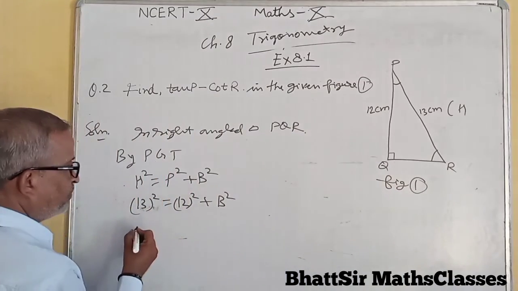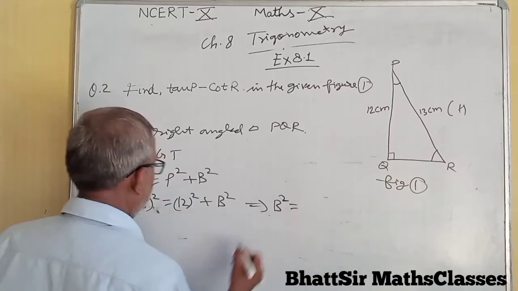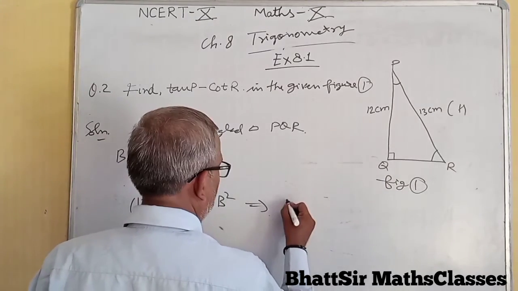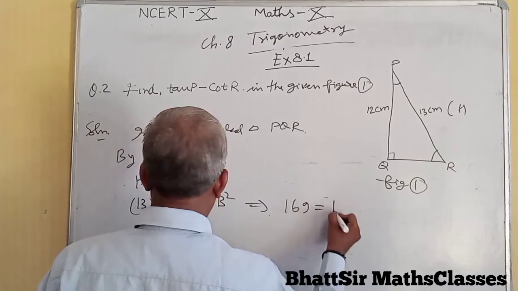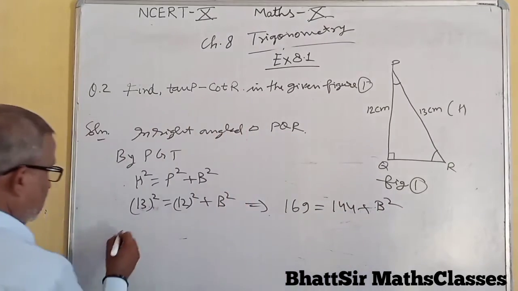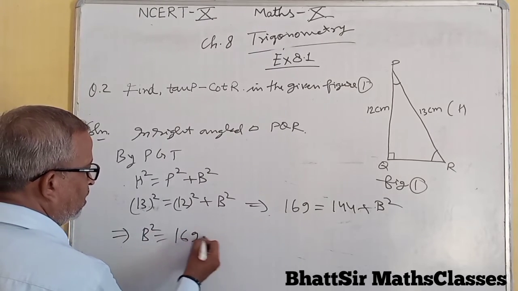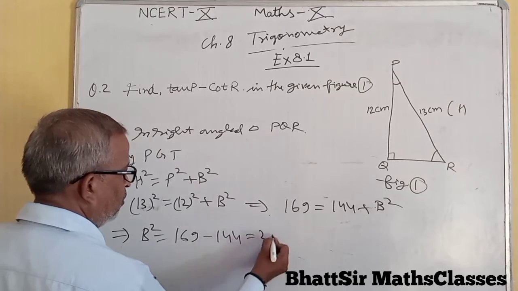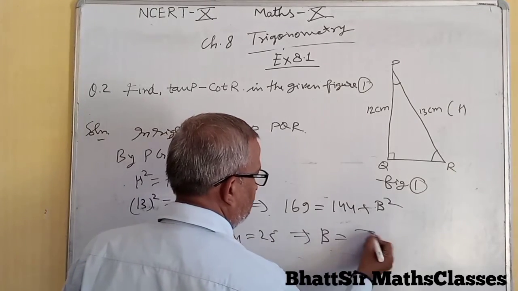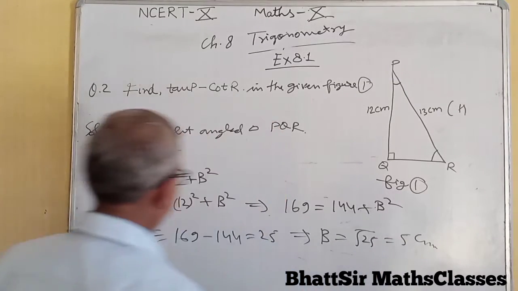So B square equal to 169 minus 144, implies that B square equal to 169 minus 144, 25, implies that B equal to under root 25 equal to 5 centimeter.